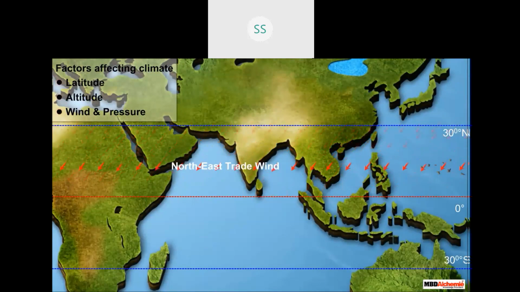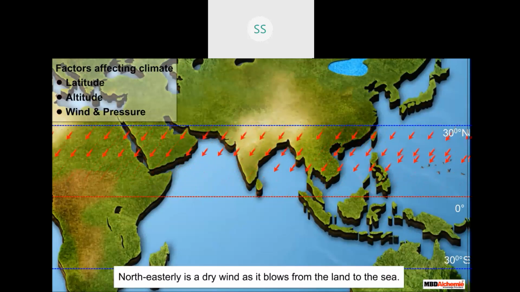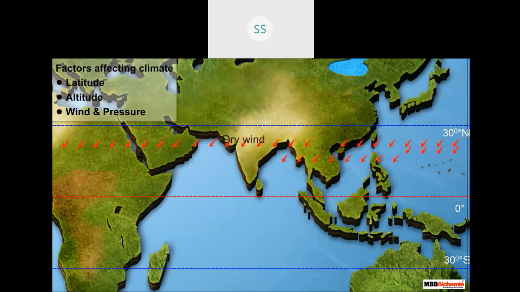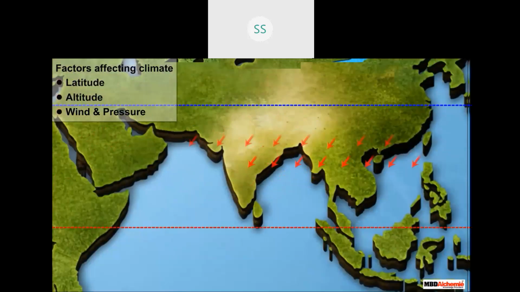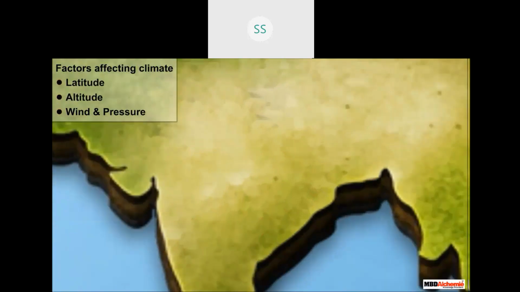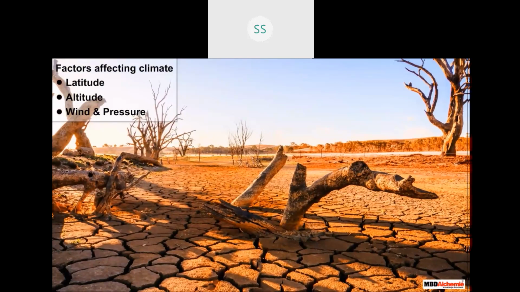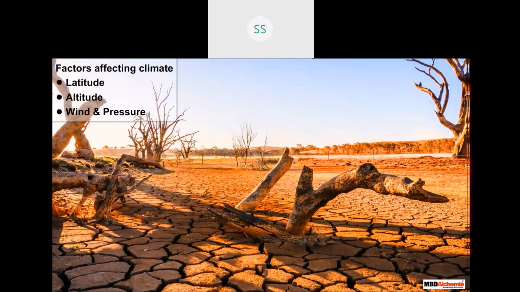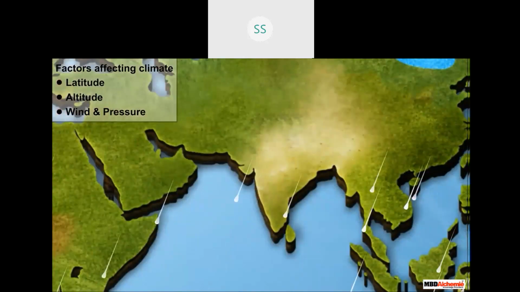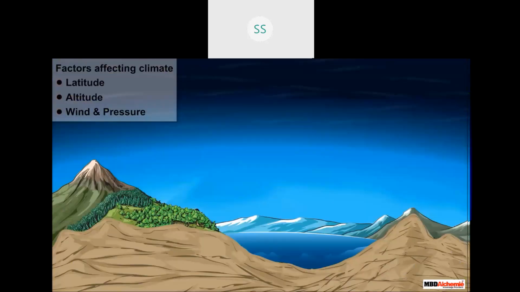In the northern hemisphere, due to more land mass, the northeasterly wind blows from land to the sea. So, these winds are dry. These dry prevailing winds would have made India a desert. But India is a rain-fed country. It is because of the oceans present.